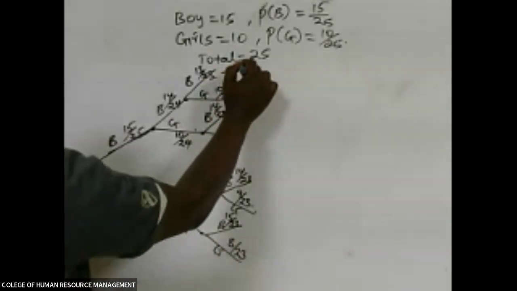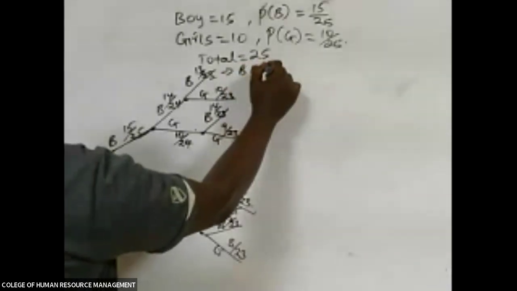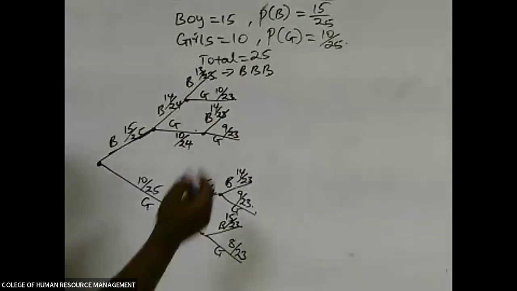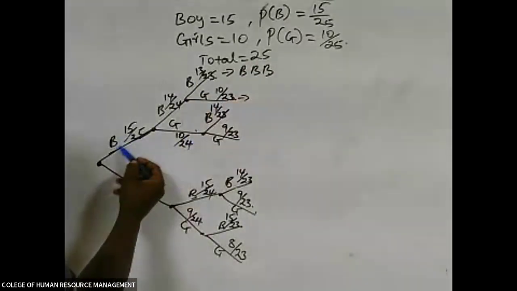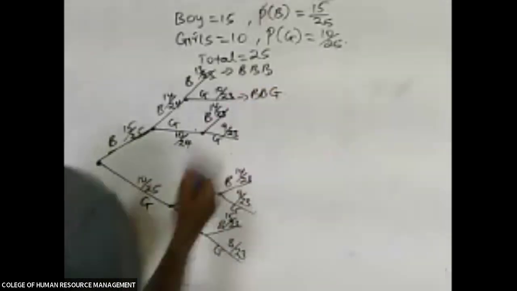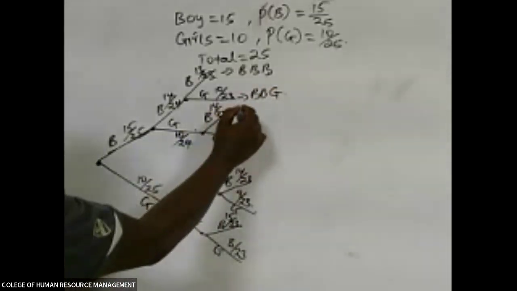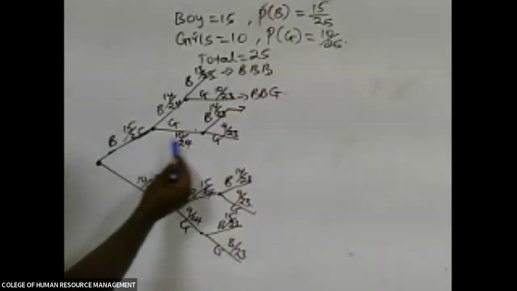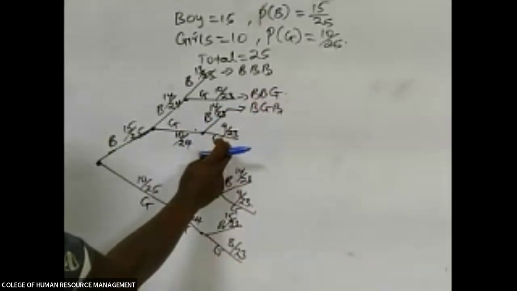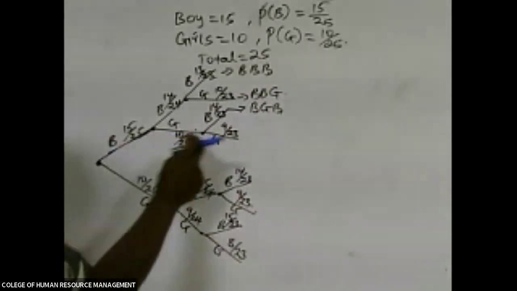This is the probability of boy, boy, boy. Boy first time, boy second time, boy third time. What about this one? Boy, boy, then girl. BBG. What about here? It is boy, girl, boy. What about here? Boy, girl, girl.